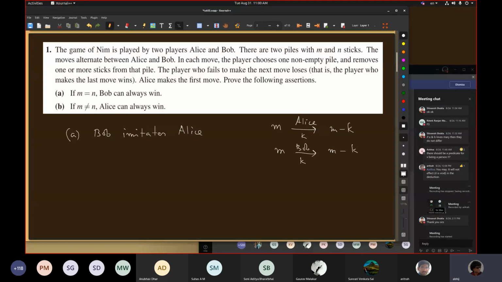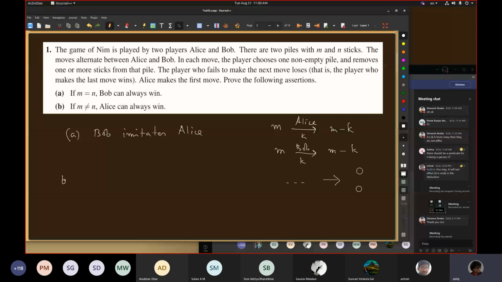If this continues, eventually it will be 0, 0, and then Alice will face the turn and loses, because both the piles are empty. Yes or no? Yes, sir. Okay, so this is a kind of inductive proof.